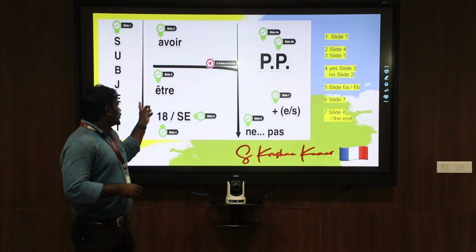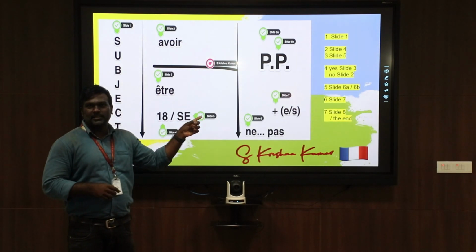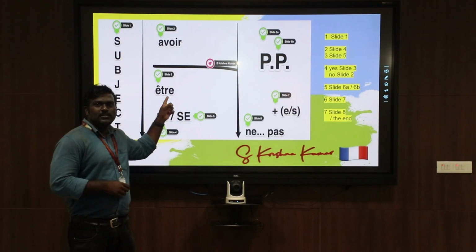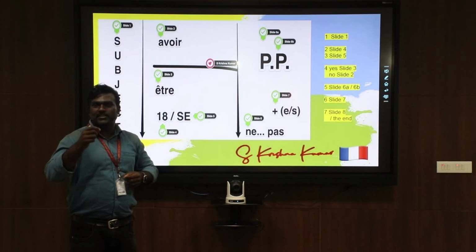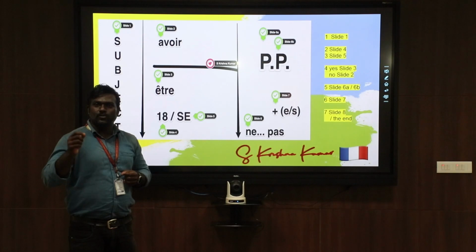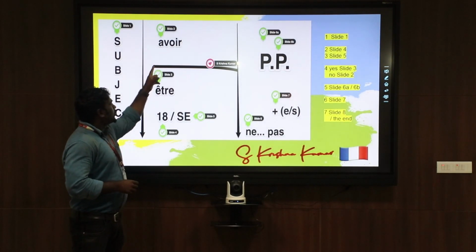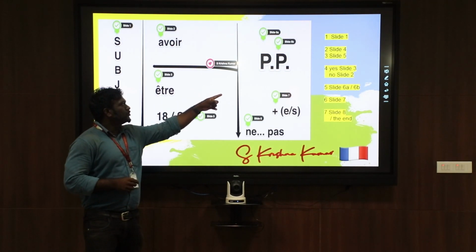When we use the être verb, we use a past participle that accords with the subject. If the subject is feminine, the past participle of the verb will also be in feminine form. This is the subject, this is our être verb, that is the past participle.